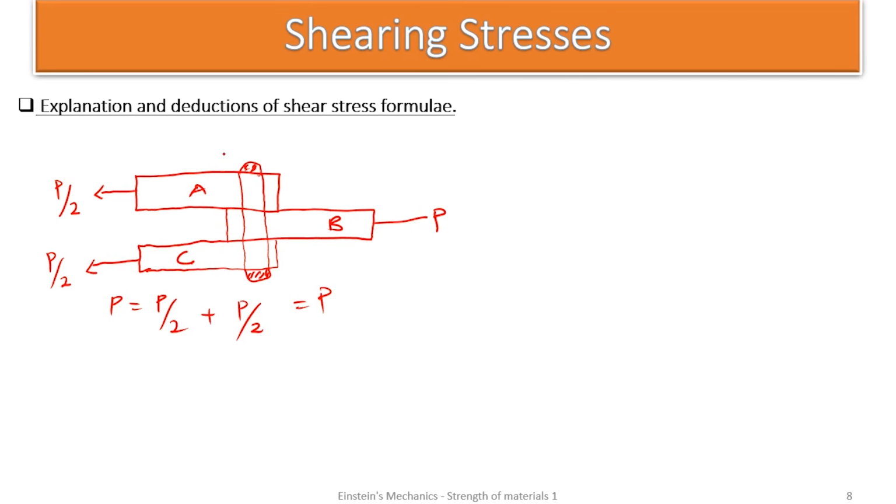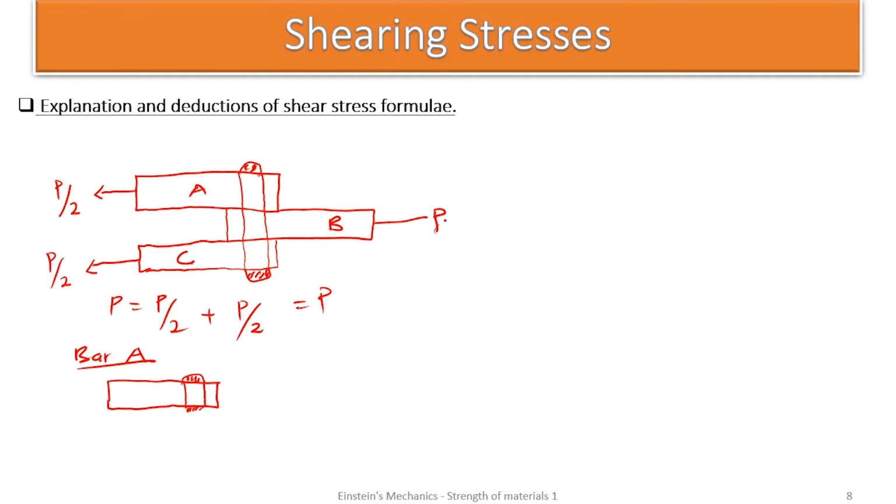Let's see what happens in bar A if we want to find the shear stress. I'm going to take bar A, and this is going to happen. I'll have the bar this way, the rivet, and the force P.